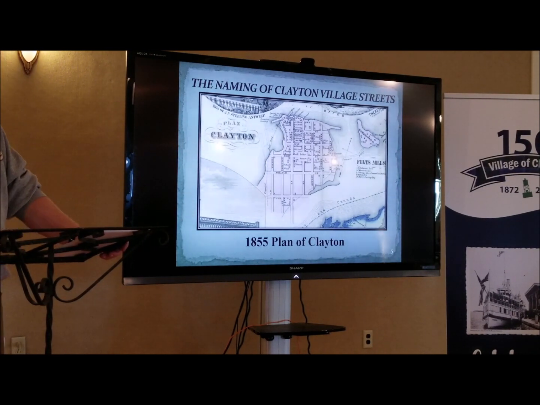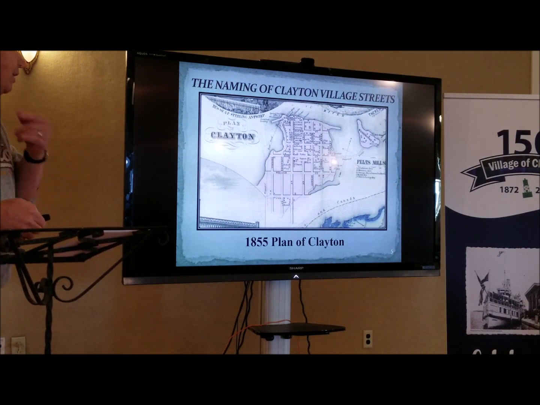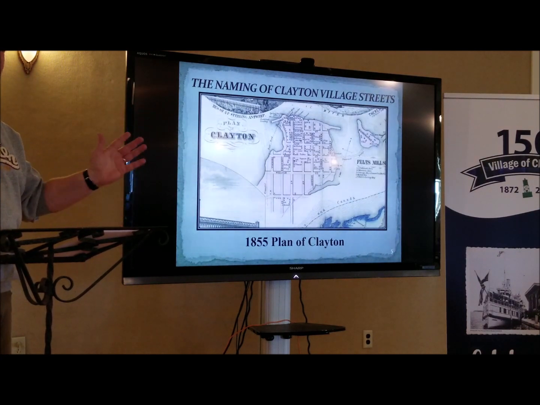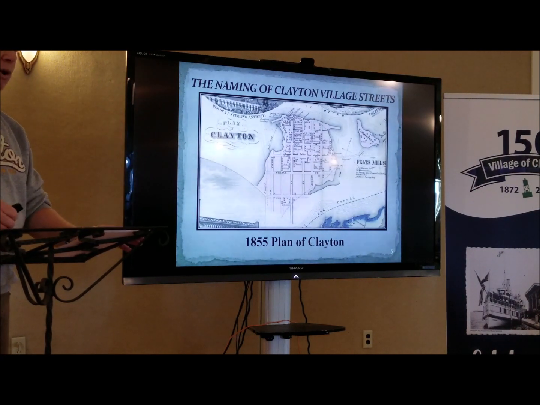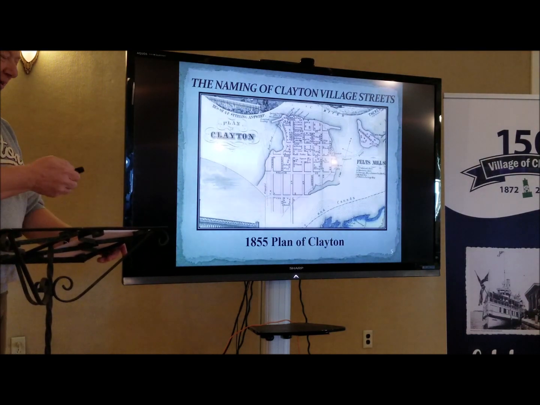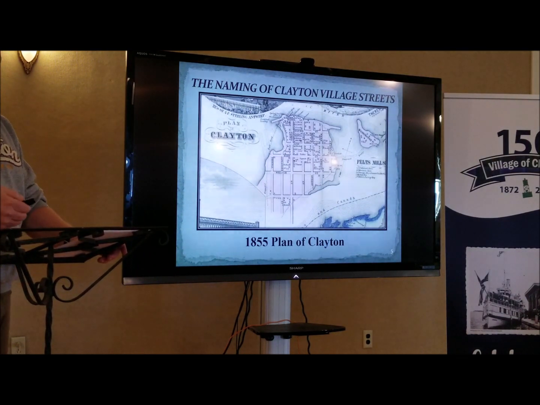I search, but if I can't find it, then we have to speculate, and you'll learn more about that as the lecture goes on. What's that, Phelps Mills? That was actually on a map plane, and they had Phelps Mills on one half of it, so I cropped that part out. How we got onto the same map plane, I don't know. But obviously you see the plan of Clayton.